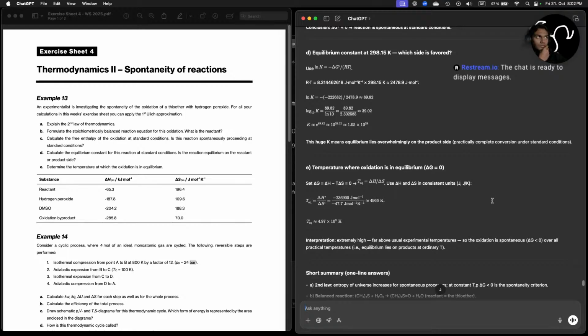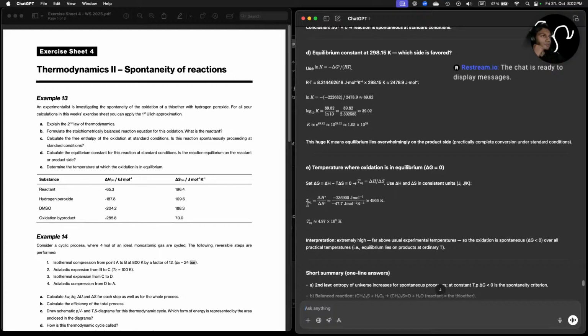Hmm. I need a little bit more explanation as I forgot what the equilibrium constant was actually meaning. And temperature where the oxidation is in equilibrium. I know this. No, I don't know this.